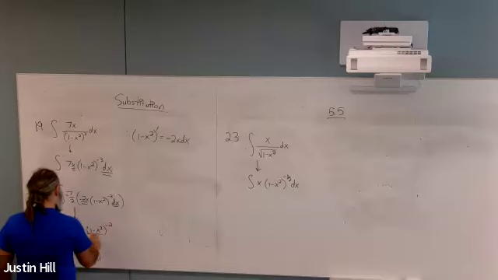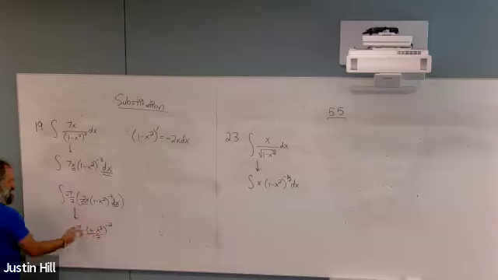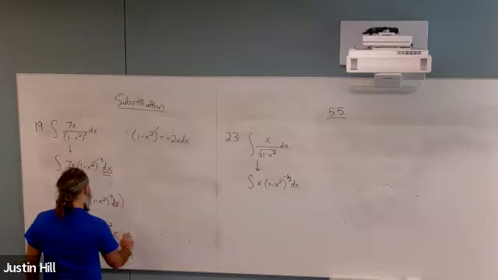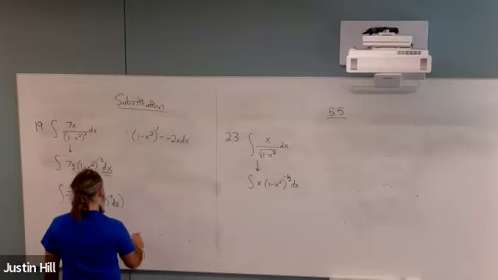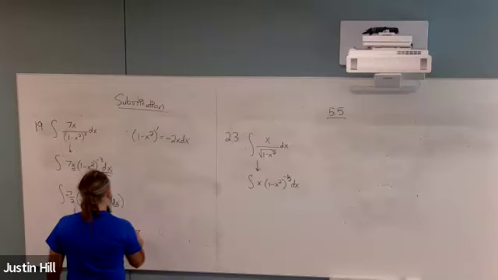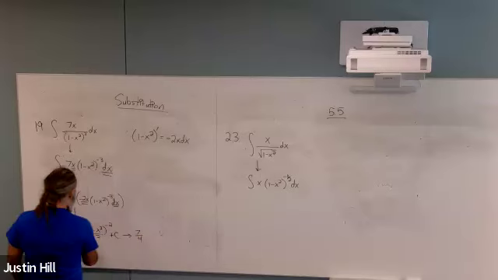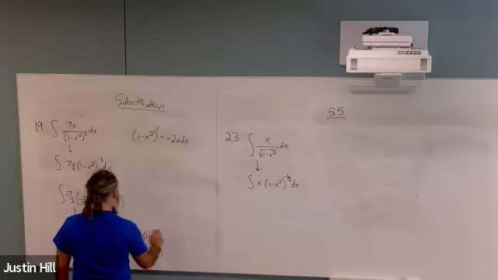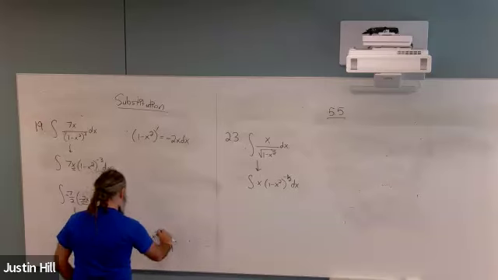I'm going to divide by negative 2, which then I can multiply through this fraction. What I end up with is 7/4. 2 times 2 is 4. 1 minus x squared to the negative 2 power.